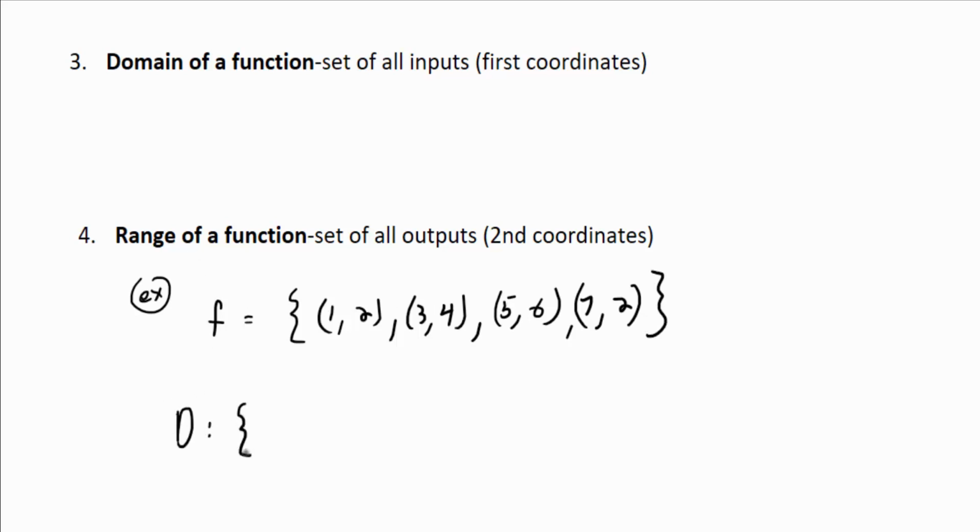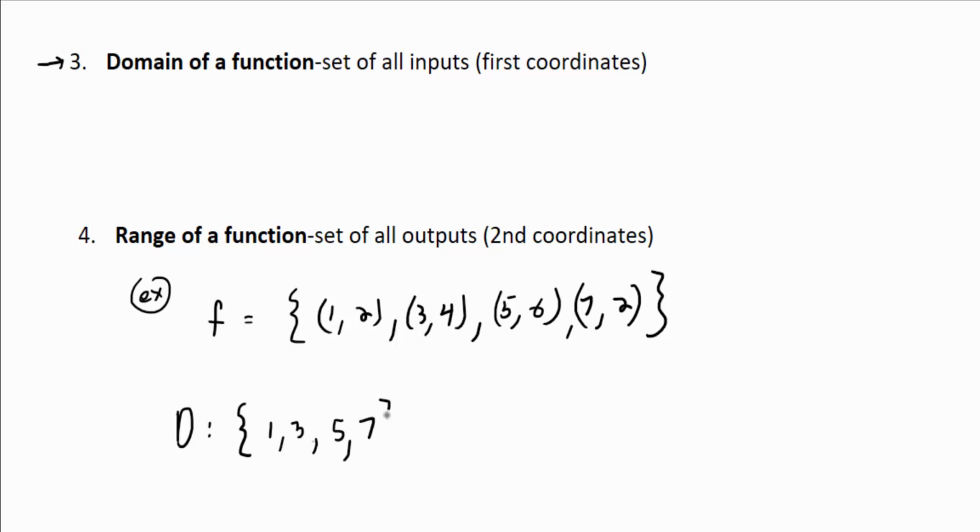Can you guys tell me, based on definition number 3, what's the domain of that function? So just look at all the first coordinates, all the inputs. There you got it. It almost seems like, well, that's too easy. It's got to be a trick question, right? No, it's what it is. So it's 1, 3, 5, and 7.